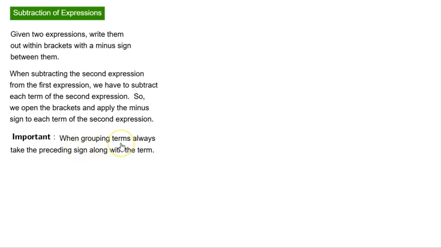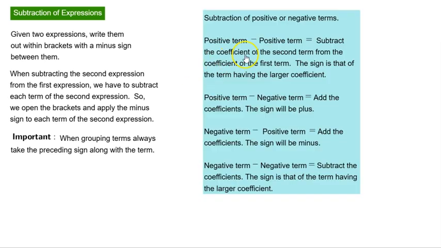Important: when grouping terms, always take the preceding sign along with the term, because subtraction is not commutative. Now, just like we did for addition of expressions, let's look at the rules for subtraction of positive or negative terms, because ultimately the addition and subtraction of expressions boils down to addition and subtraction of terms, specifically like terms.